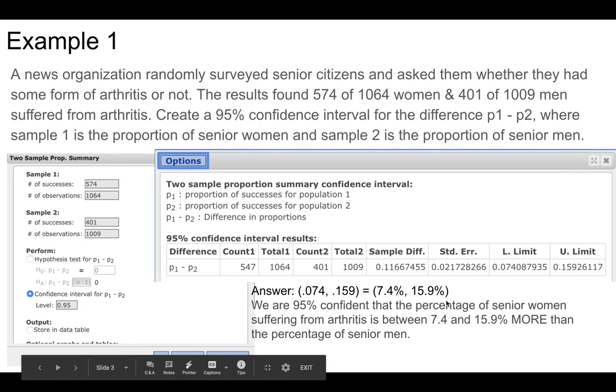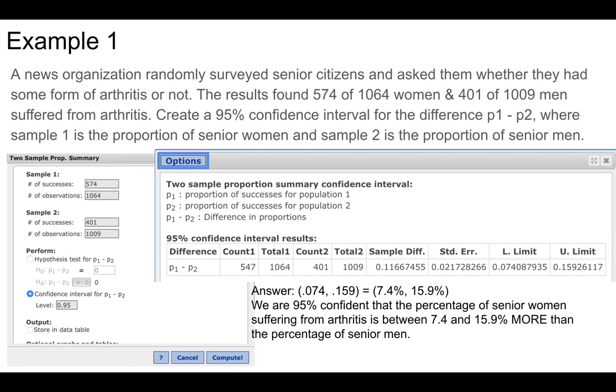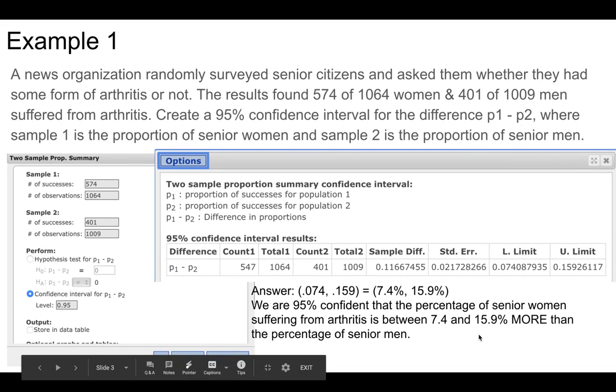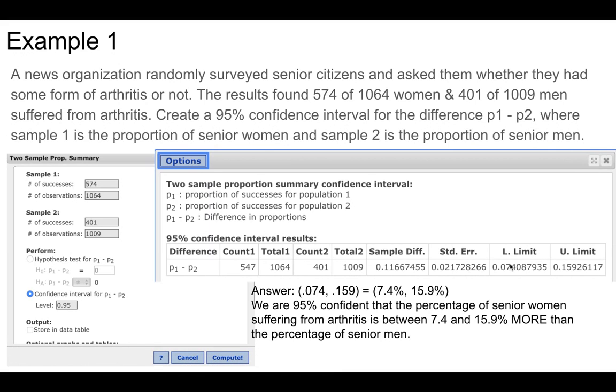So what this means is that we are 95% confident that the percentage of senior women suffering from arthritis is between 7.4 and 15.9% more than the percentage of senior men. Notice the confidence interval is for the difference.